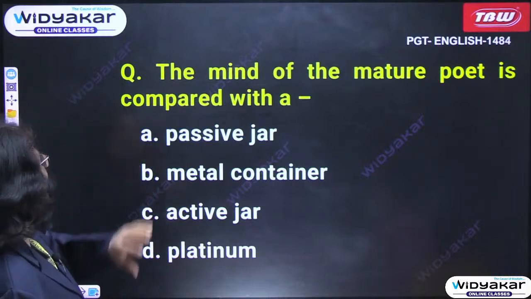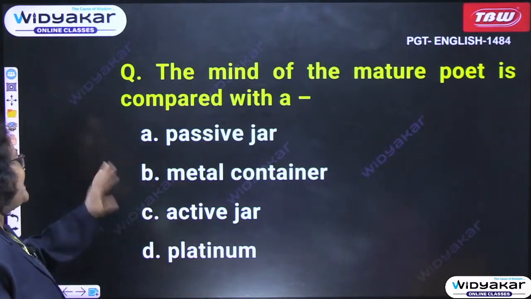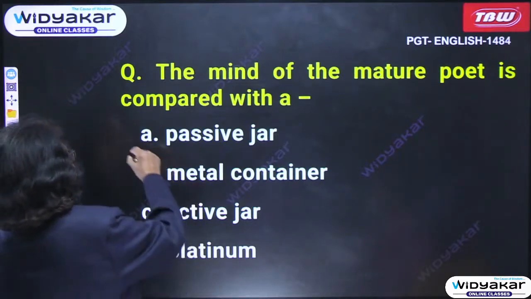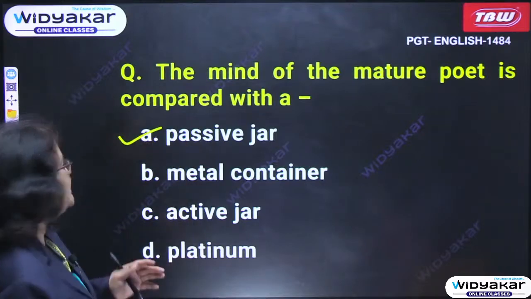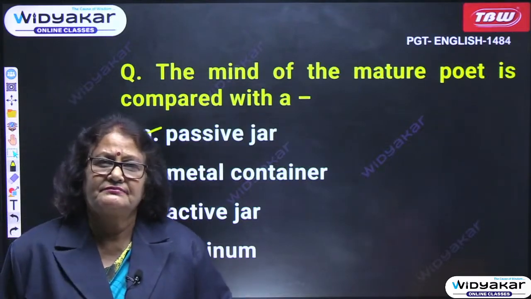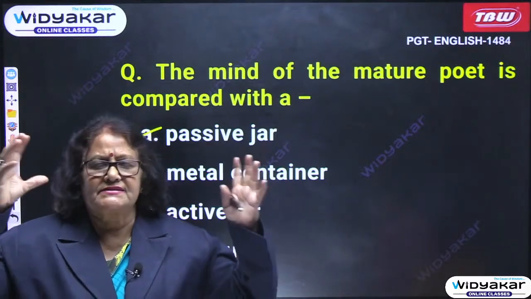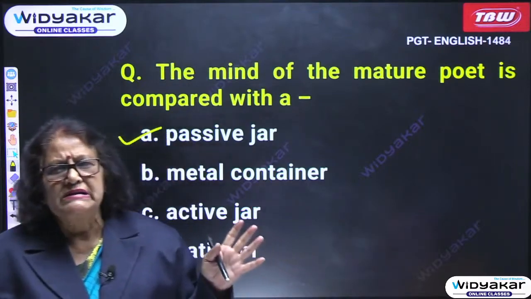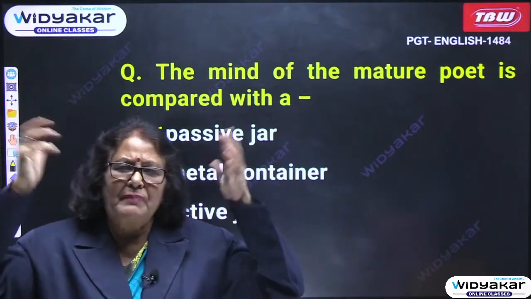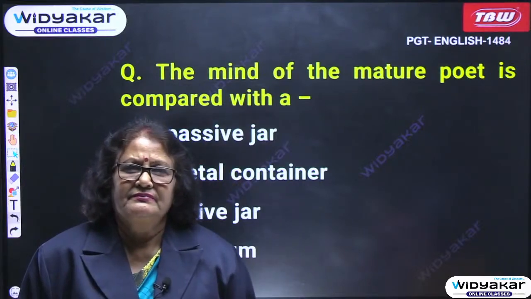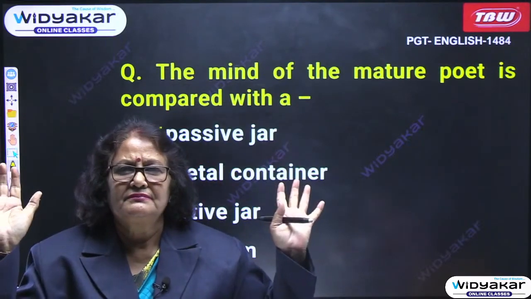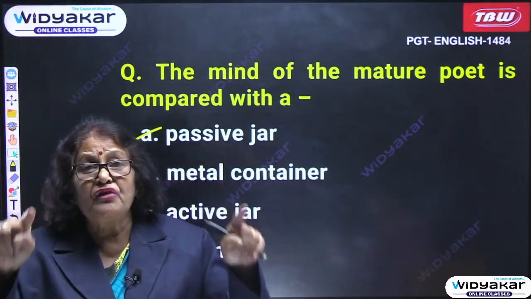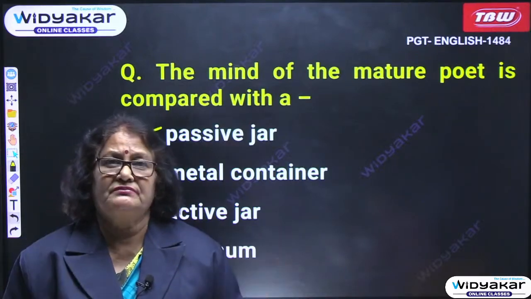The mind of the mature poet is compared with a dash. A, passive jar. B, metal container. C, active jar. D, platinum. It is option A. The mind of the mature poet is compared with a passive jar. All the ideas, impressions, experiences, feeling and emotion remain randomly in your mind. Poetry is just an organization of those ideas, feeling and emotion.